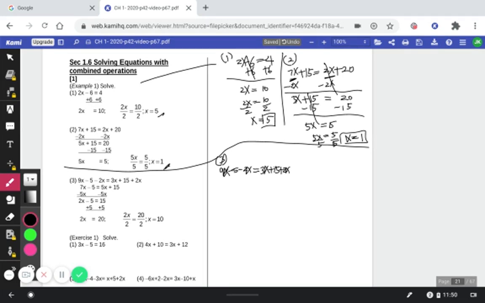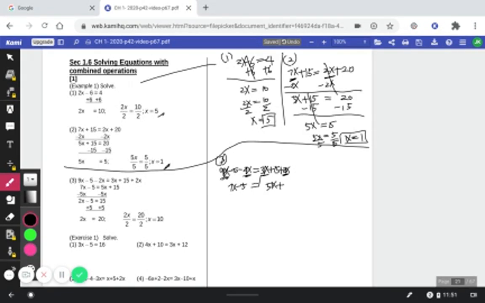Then you combine the like terms: 9x minus 2x gives you 7x. So you can rewrite the left side of the equal sign as 7x minus 5. And on the right side, you have like terms again: 3x with 2x makes 5x plus 15.